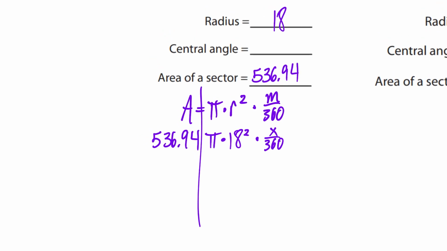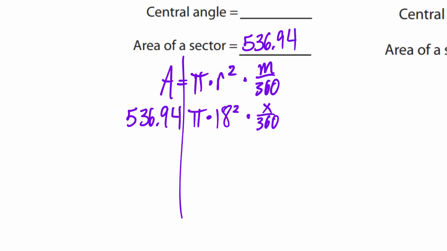There are several ways to take care of this. Let's just go ahead and multiply pi times 18 squared. Let's see what that is. Pi times 18 squared is 1017.88 times x over 360.